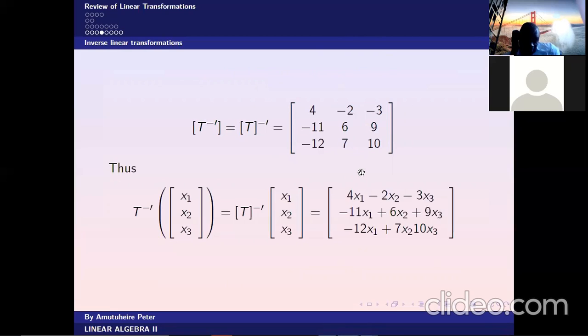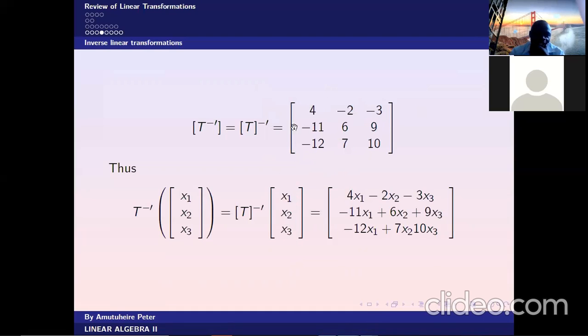Then the last part was asking us to find T inverse of this. So it means it is going to be T inverse of that. So we get this matrix. This is the matrix for the inverse transformation, and we multiply it by this vector.